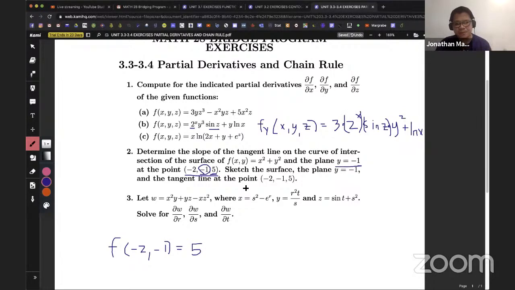So you have a paraboloid, you have a plane intersecting the paraboloid, and we are asked to determine the slope of the tangent line. In determining the slope of the tangent line, kung babalikan natin yung geometric interpretation of a derivative of a function of a single variable, let's say we have the function y equals f of x.